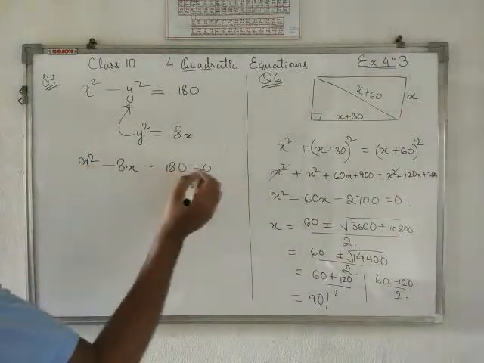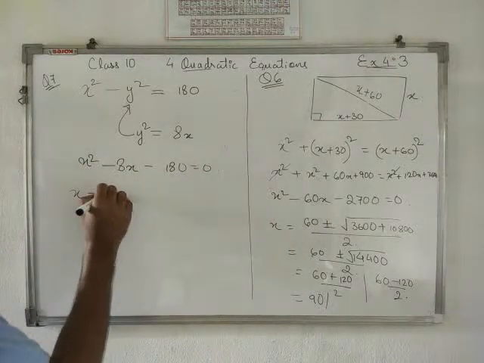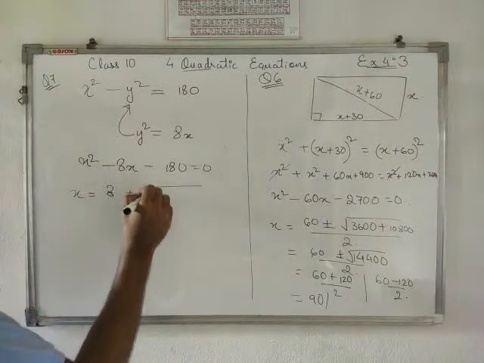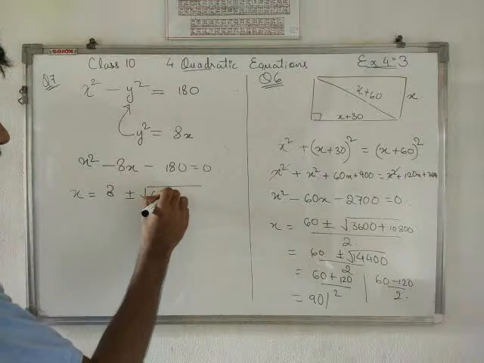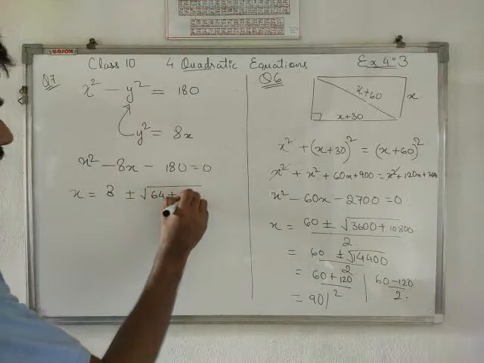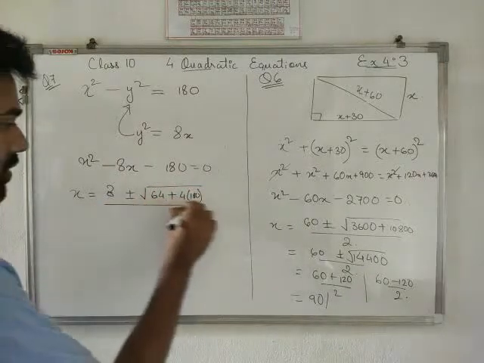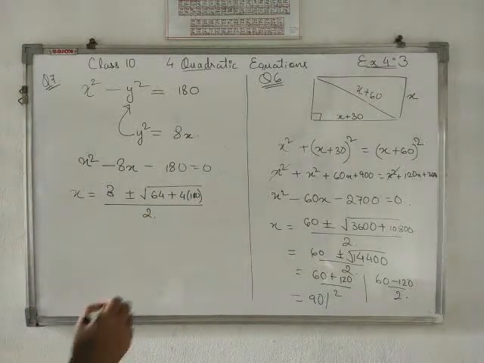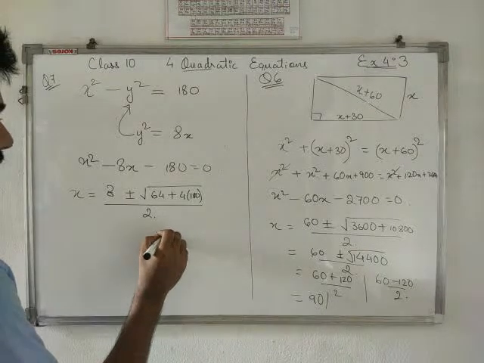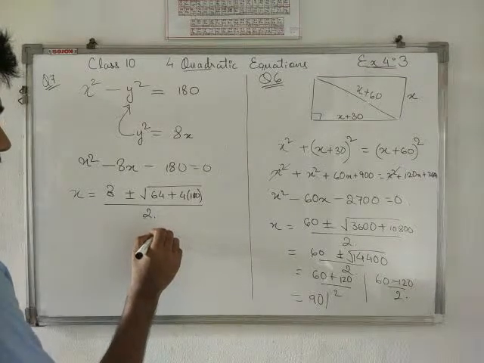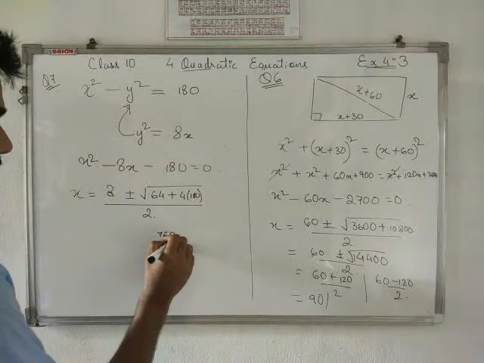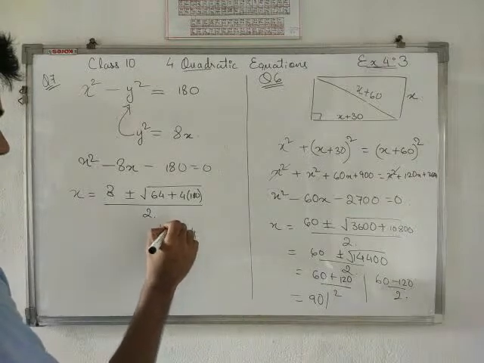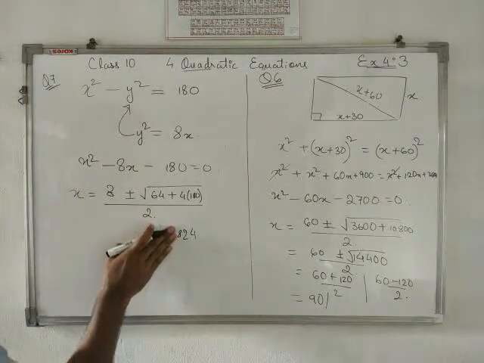Okay, so if nothing comes to mind, then just go for the conventional method. 64 plus 4 into 180.